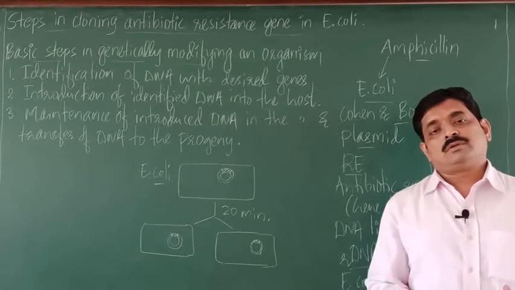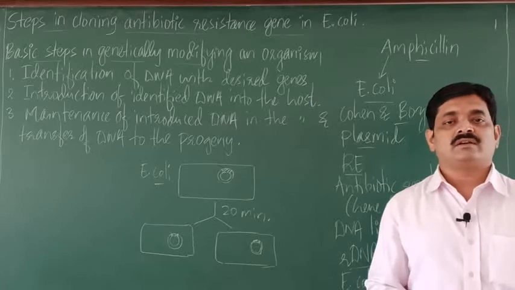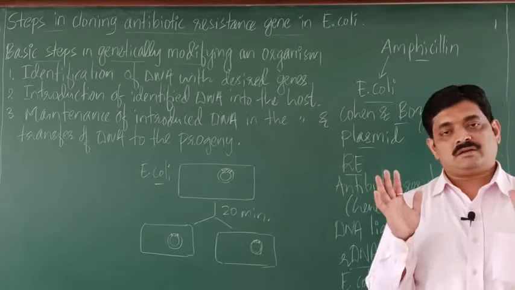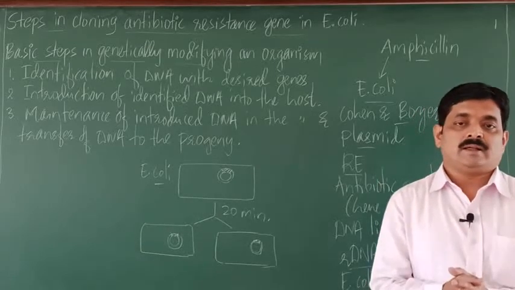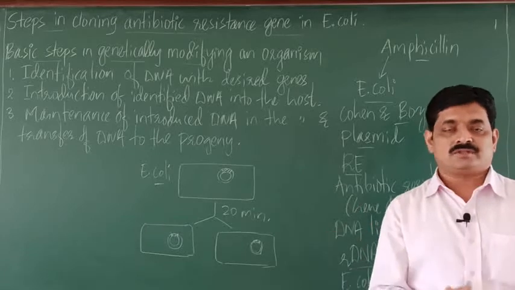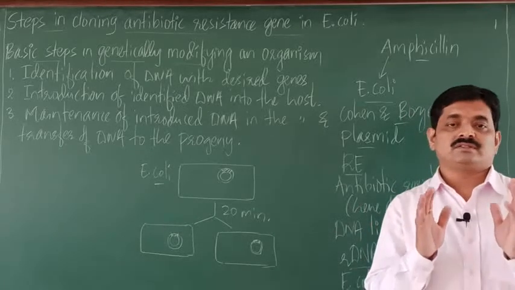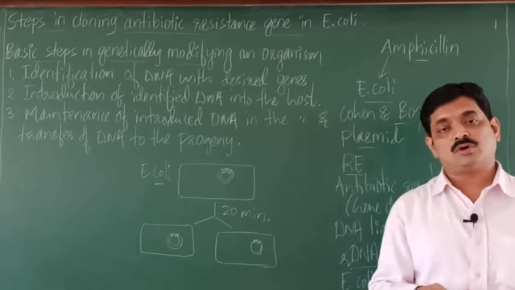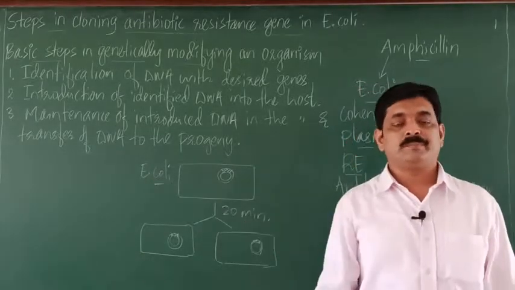Now, to clone the desired gene, that is the antibiotic resistance gene, they transferred this recombinant DNA in the host cell. Which was the host cell? It was E. coli.